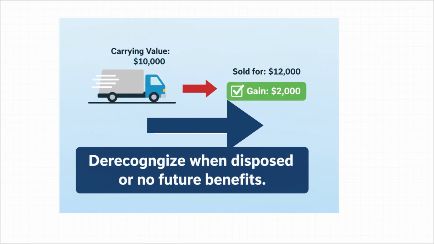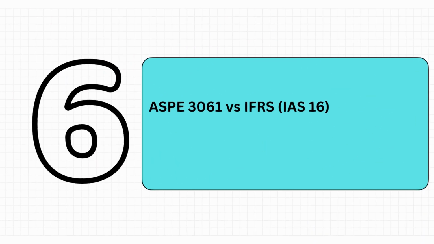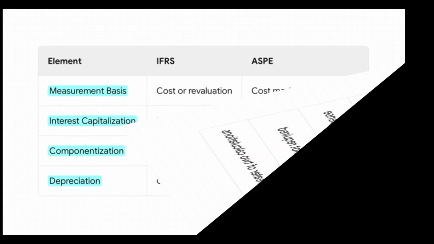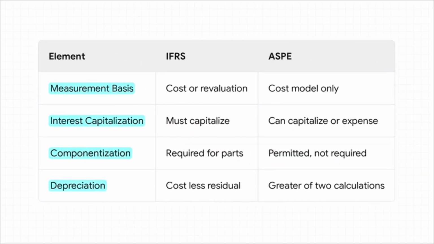Now, before we wrap up, let's highlight some of the main differences between IFRS and ASPE. Measurement: IFRS allows cost or revaluation. ASPE only cost. Componentization: required under IFRS, optional under ASPE.